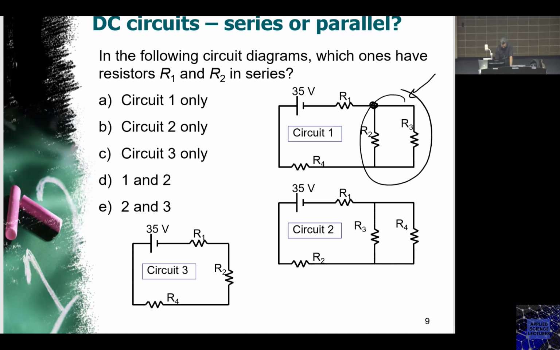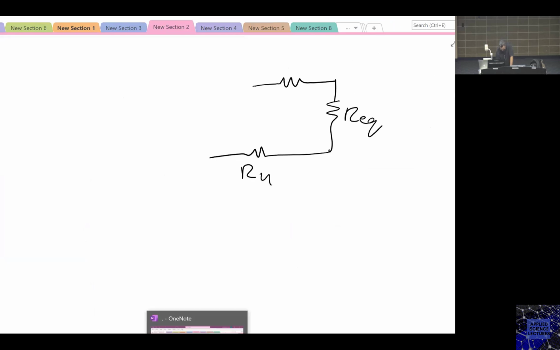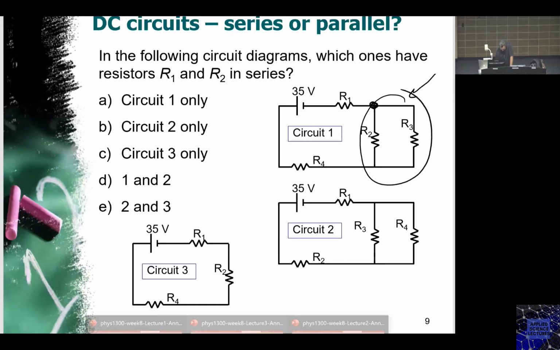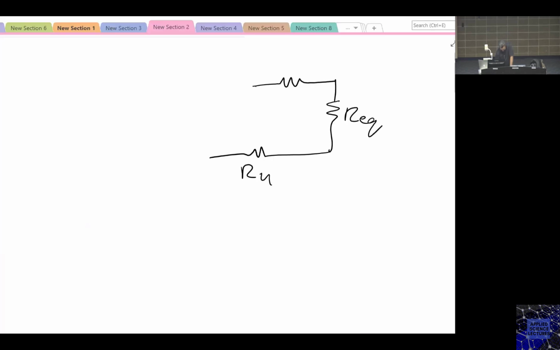Because if I am to draw this, I would be having a resistor here, and then this is R equivalent, and then this is R4. Indeed, R1, R equivalent, and R4, three of them are in series.